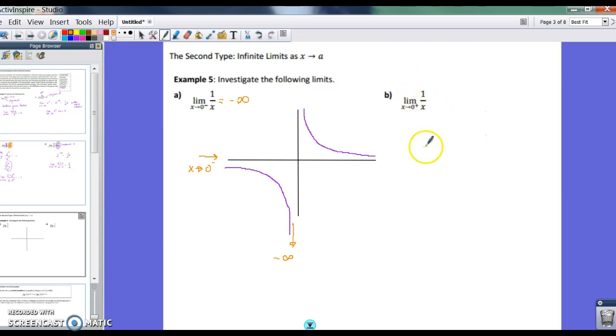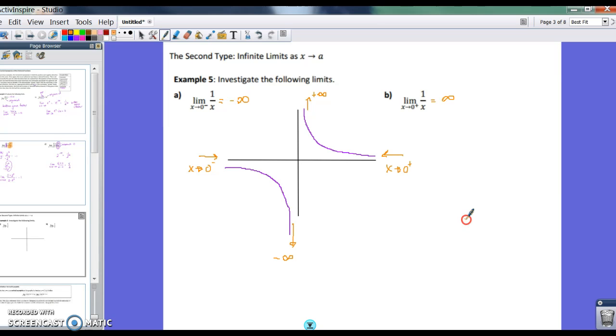Over here, part B, as I'm approaching 0 from the right, I'm going this way. So this is x approaching 0 from the right, and you'll notice I'm going to positive infinity. So here, I'm just approaching positive infinity.